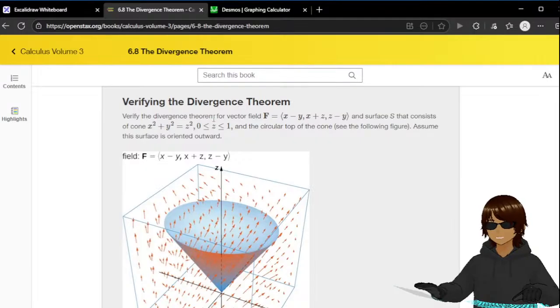Verify the divergence theorem for vector field F and the surface S that consists of the cone x squared plus y squared equals z squared and the circular top of the cone. Assume the surface is oriented outwards.